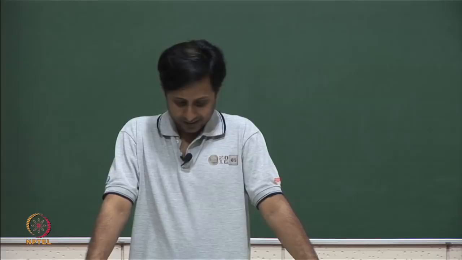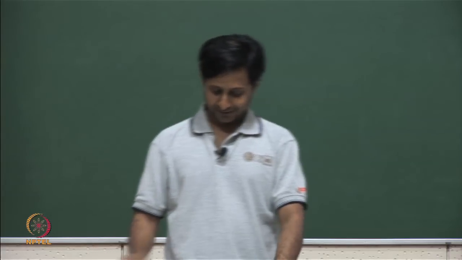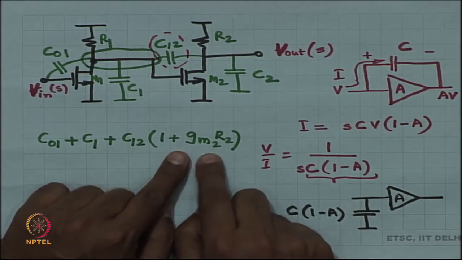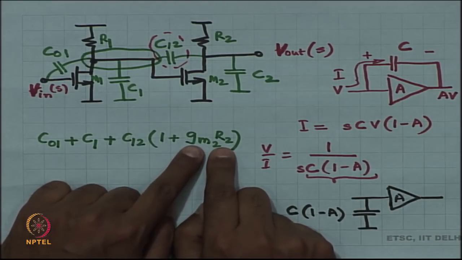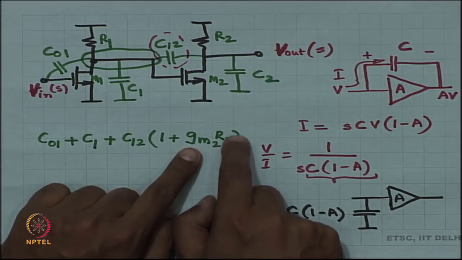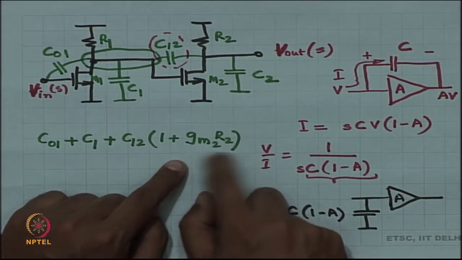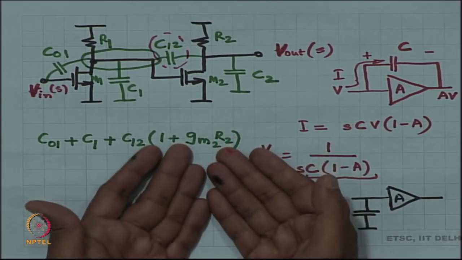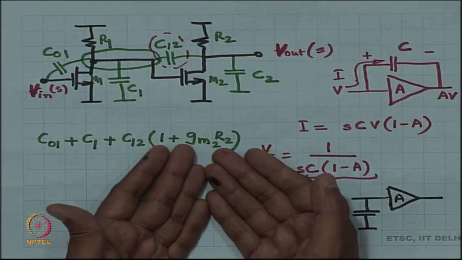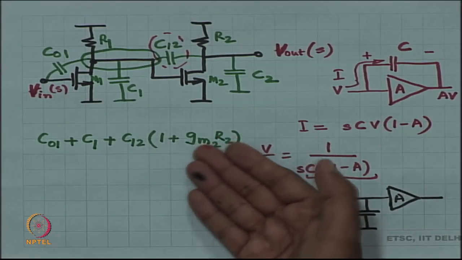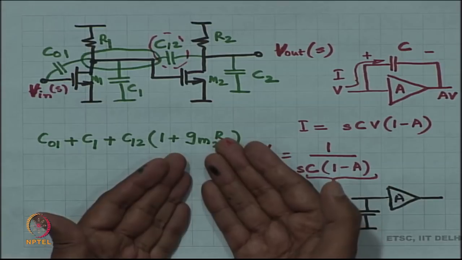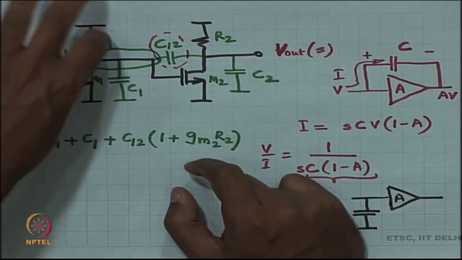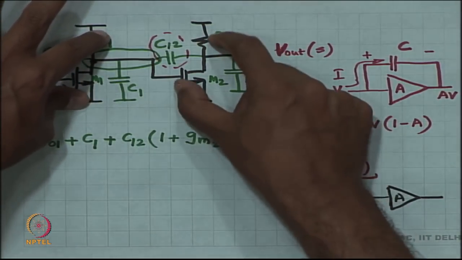Okay. So, one handle is this GM2 R2 over here. Okay. What you can make sure is that this GM2 R2, this is a large number, right. GM2 R2, this is part of an amplifier, this better be large, this is some of the gain of the amplifier, right. So, amplifier gain is GM1 R1 times GM2 R2.